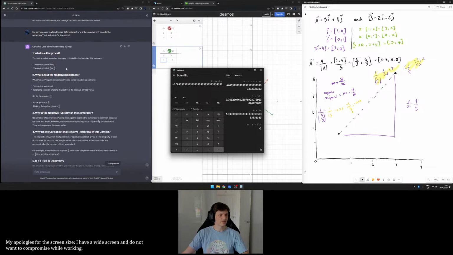So let's read this. The reciprocal of a number is simply 1 divided by that number. For instance, the reciprocal of 5 is 1 divided by 5.